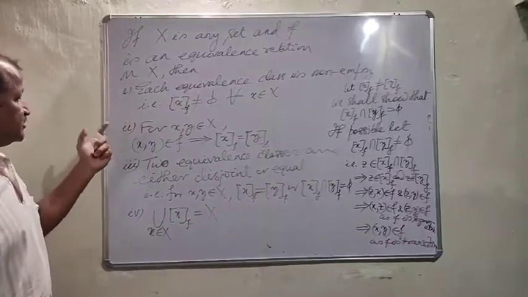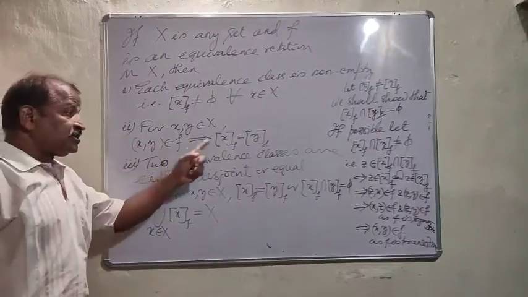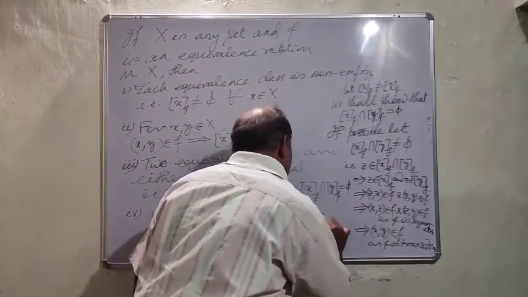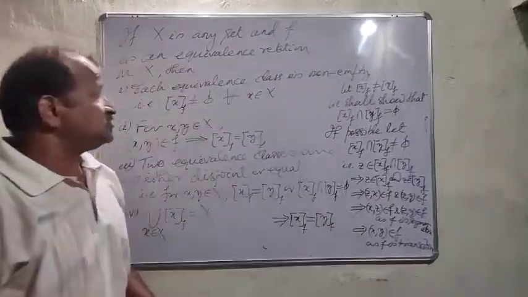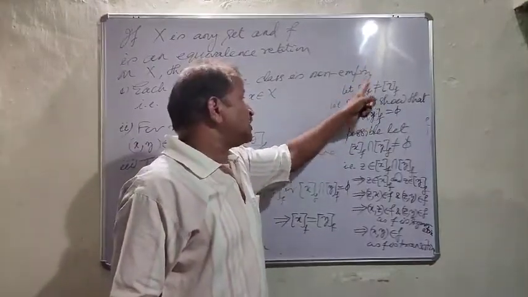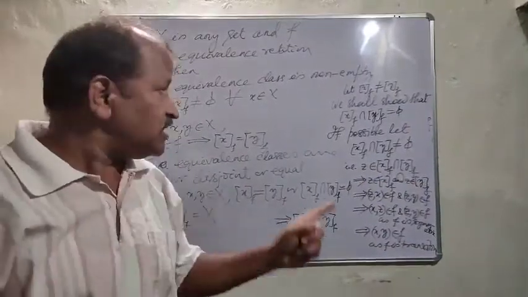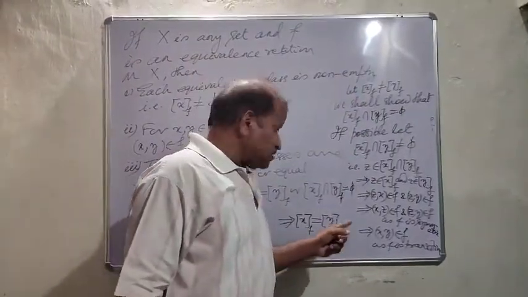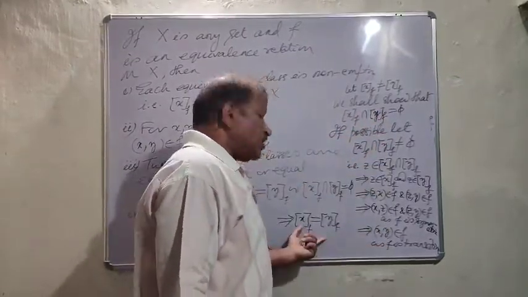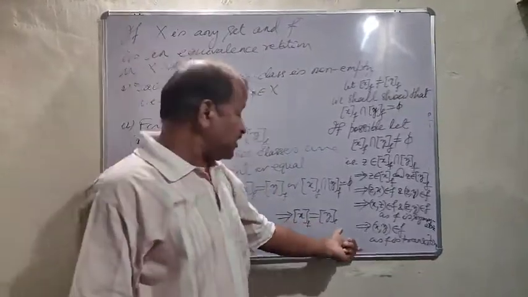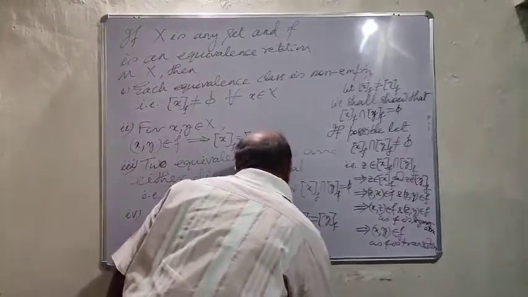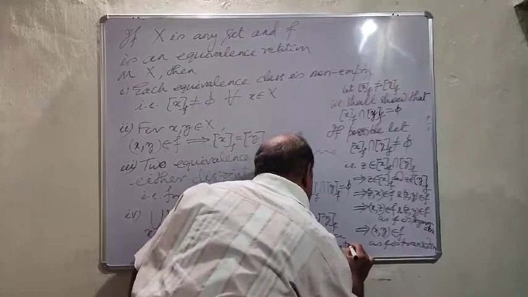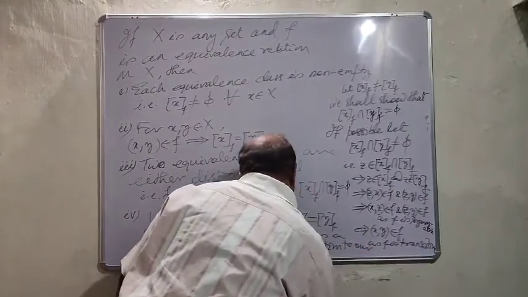Now X is related to Y. In the second point, we have proved that if X is related to Y, then the equivalence class of X is equal to the equivalence class of Y. This implies the equivalence class of X is equal to the equivalence class of Y. But this contradicts our assumption, that the equivalence class of X is not equal to the equivalence class of Y. We have arrived at a contradiction to our assumption, right?